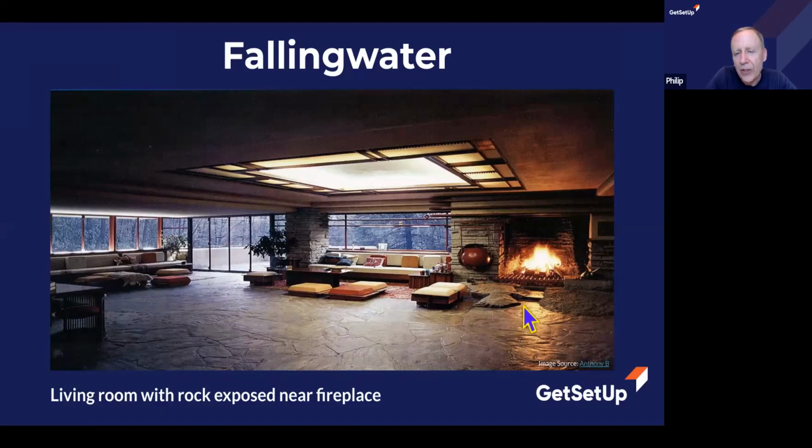But his intention, once the house was built, was to file these down to the floor level and make this area the same as the rest of the floor here. The family, the Kaufmans, who owned this property and had Falling Water, had owned this property for quite some time.